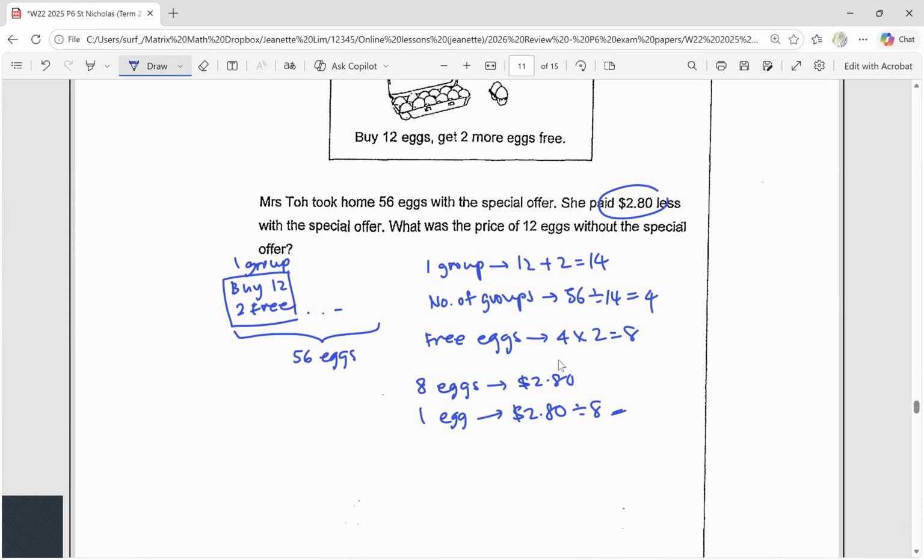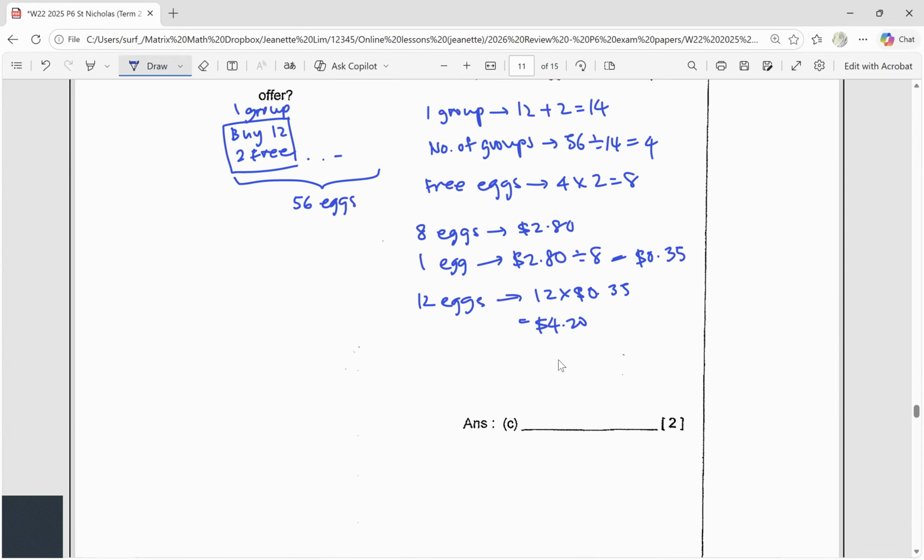So 280 divided by 8 per egg is 35 cents. 12 eggs, this will give us 420. Okay, so that's the answer for 12 eggs.